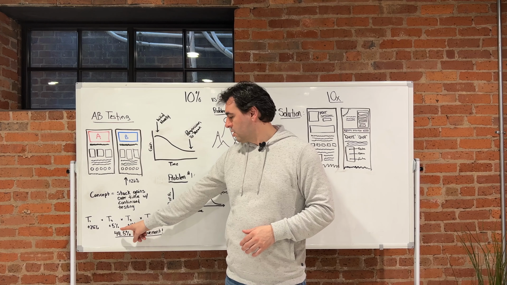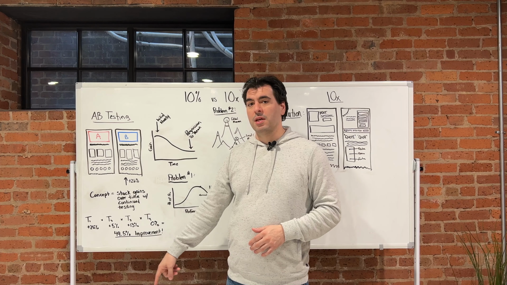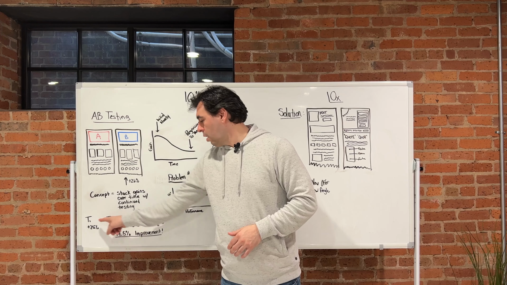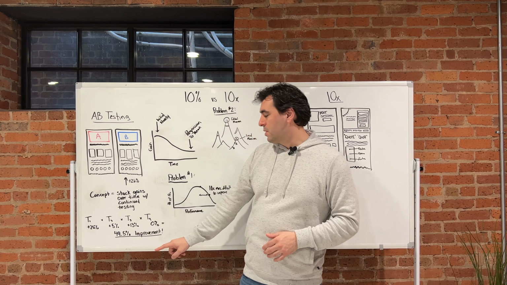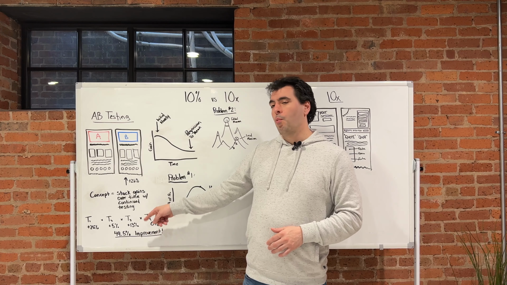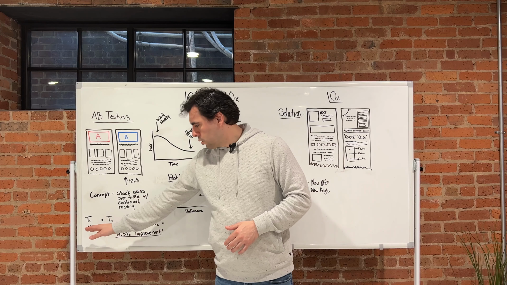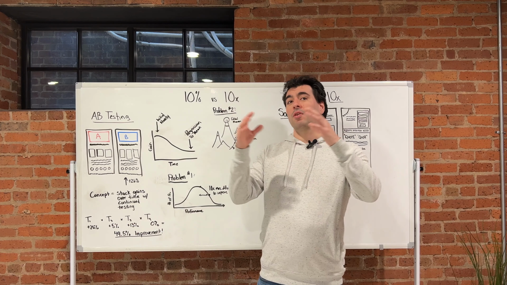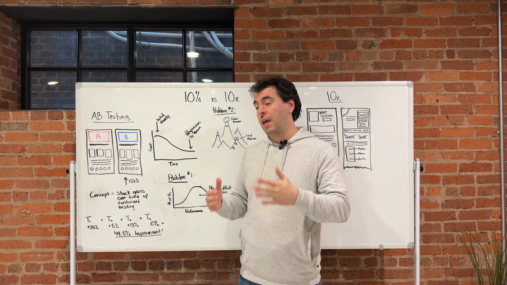But then we run another test on the winner, and maybe we get a 5% gain. Then we run another test on the winner of these, and we get a 13% gain off of that. And then maybe we run one that has no difference, right? So the theory is that you should end up with a multiplicative gain, right?